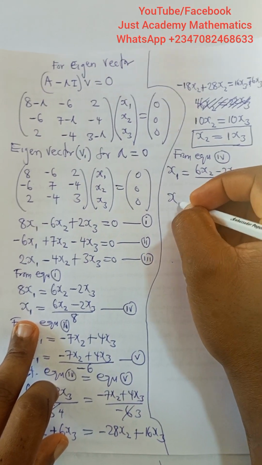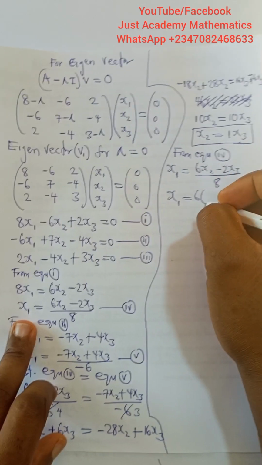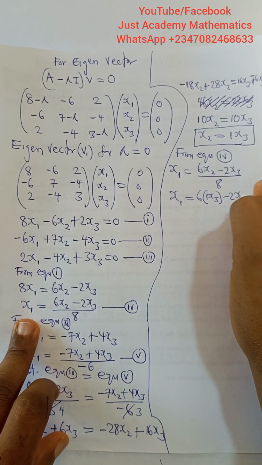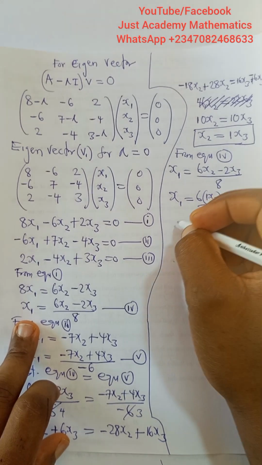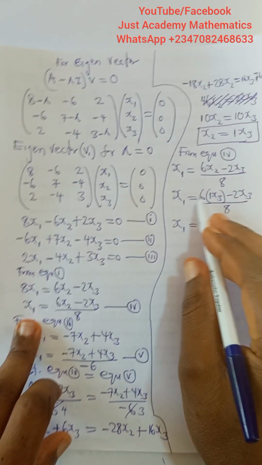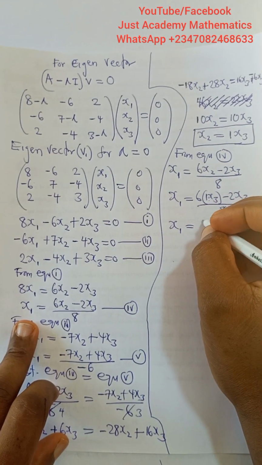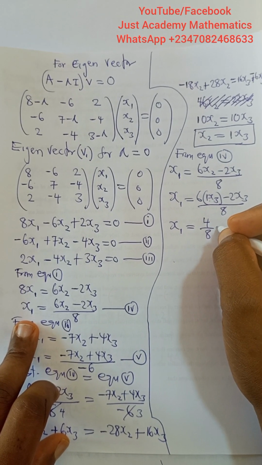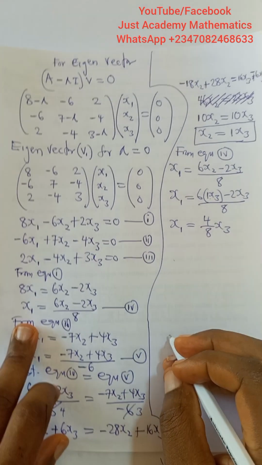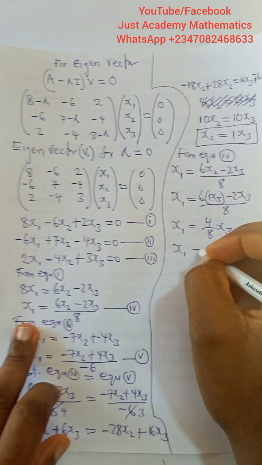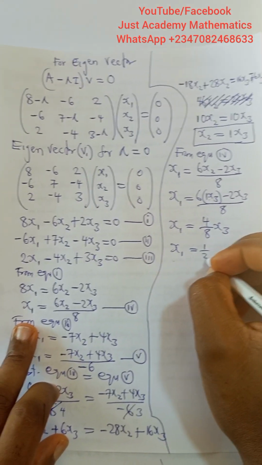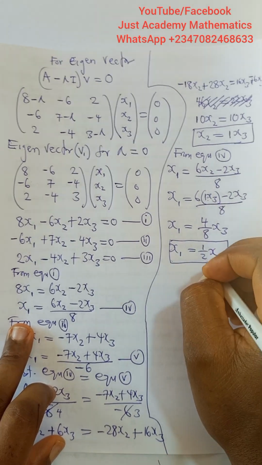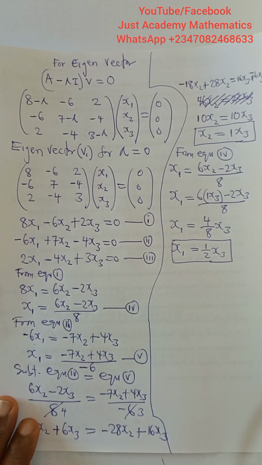So we have x1 is equal to (6 times 1x3 minus 2x3) over 8. 6 minus 2 will give you 4 over 8, times x3. So in other words, x1 in terms of x3 is 1 over 2 x3. That is the value of x1 in terms of x3.